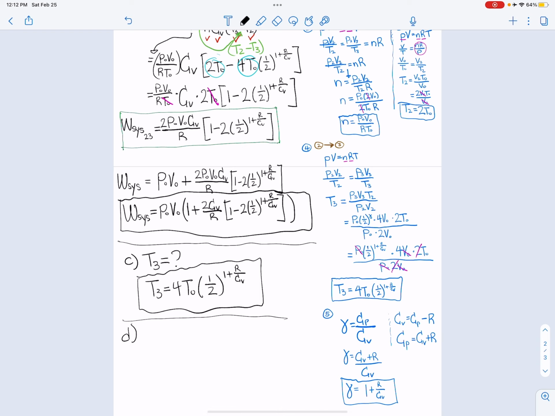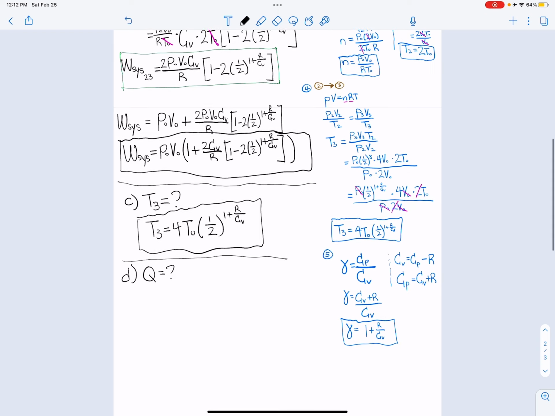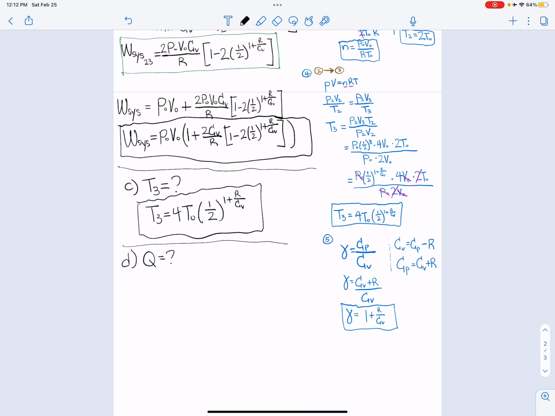So find Q of the system from state 1 to state 2 and state 2 to state 3. So total Q would equal Q from state 1 to state 2 plus Q from state 2 to state 3.